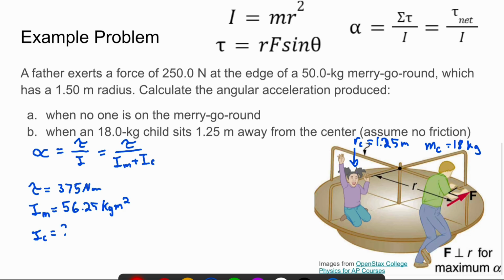If we think about it, the child has a center of mass, and that center of mass is revolving around an axis of rotation that is outside of her mass. So that means we can treat her as just a point in space, and we can use our basic equation for moment of inertia, because her moment of inertia is her mass times her radius squared.